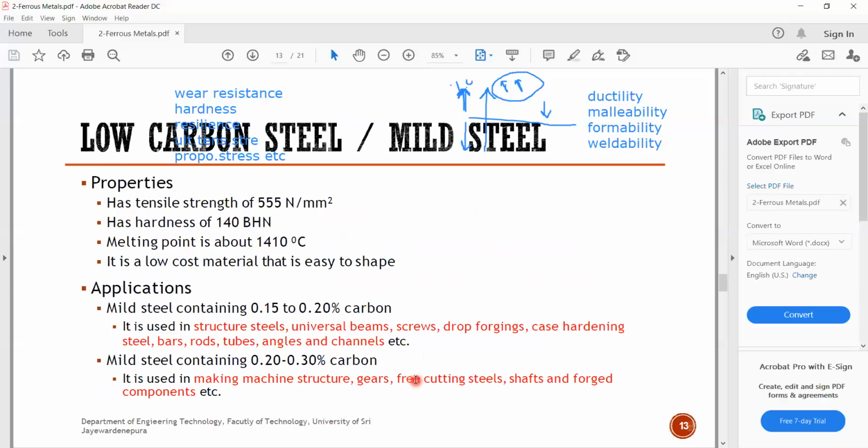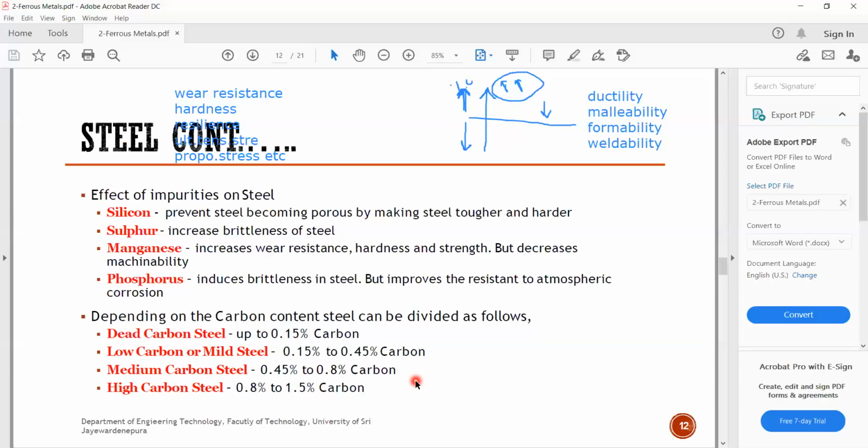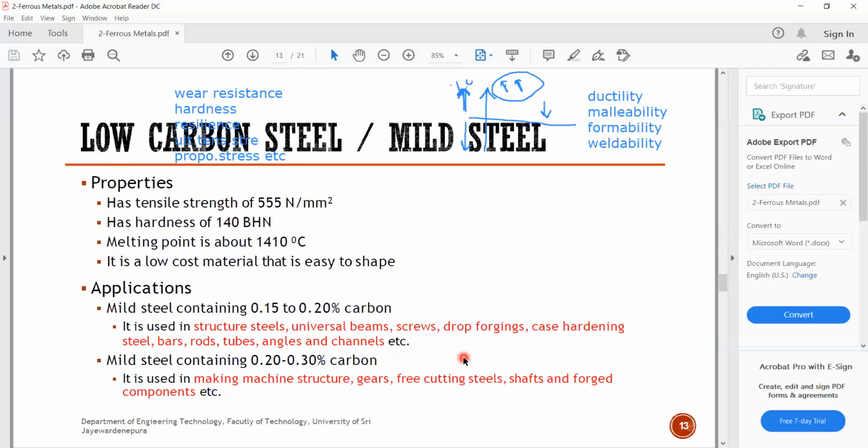Low carbon steel means the chemical composition of carbon is around 0.15 to 0.45, right?